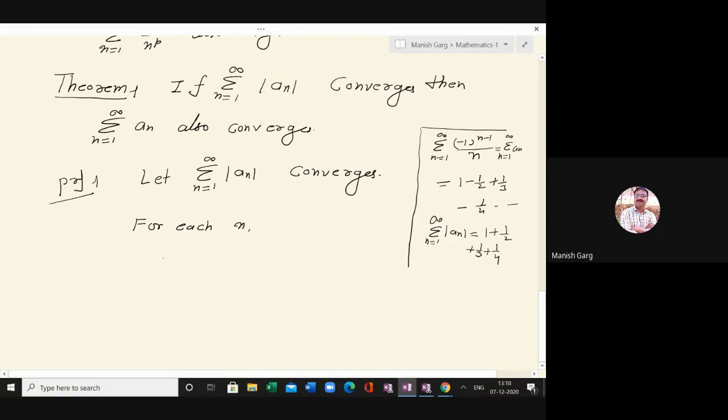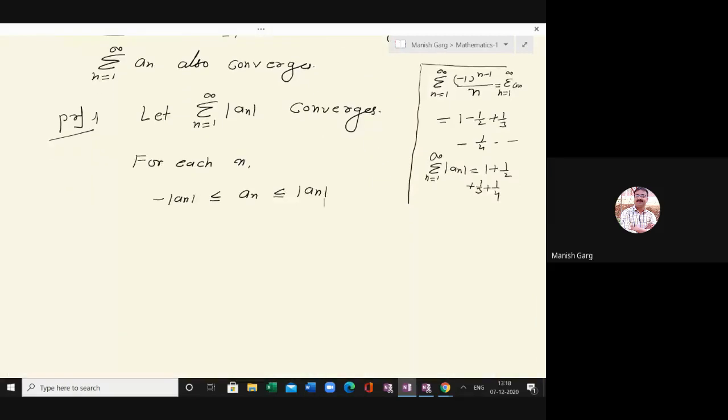Now, can you write for each n that minus mod an is less than or equal to an is less than or equal to mod an? n is a real number, so you can write this for all n. Add mod an to all: 0 is less than or equal to an plus mod an is less than or equal to twice mod an, for all n. So here you can apply the comparison test.